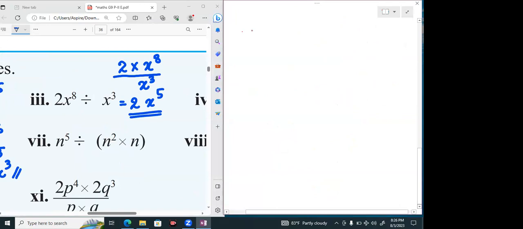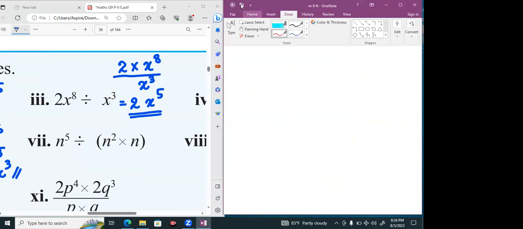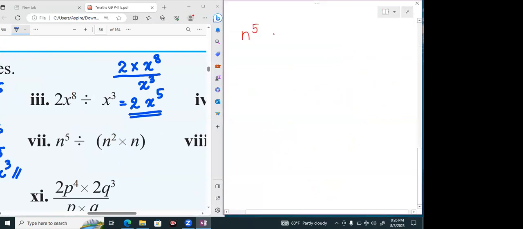N to the power of 5 is divided by n to the power of 2 times n. Then n to the power of 5, the division, is written under as the denominator. Then n to the power of 2 times n to the power of 1. Then n to the power of 5 upon n to the power of 3. Answer is n to the power of 2.